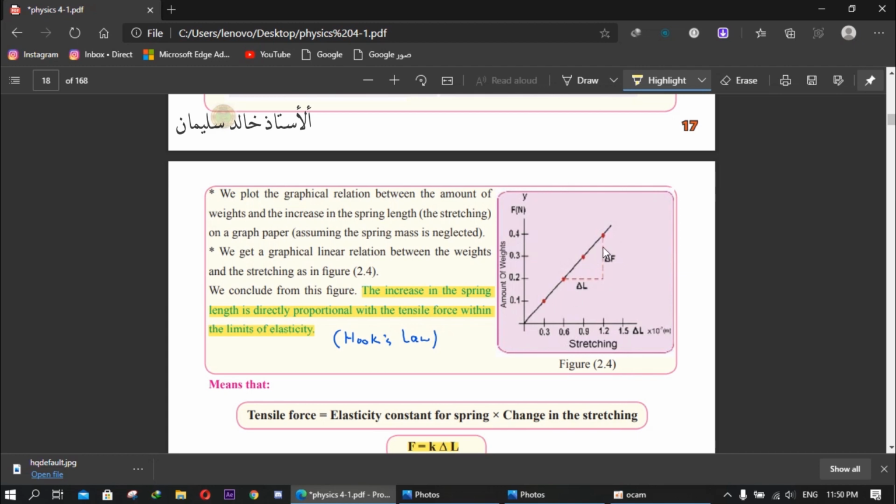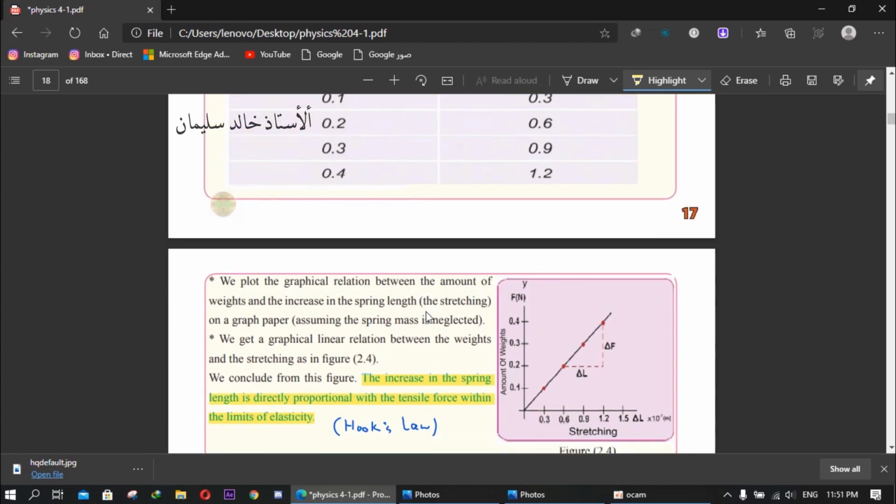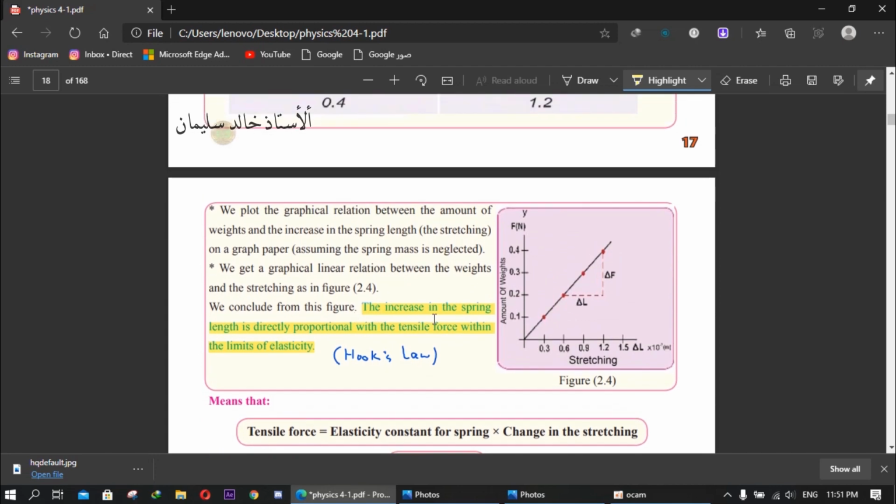If we take the slope of this line, which is delta F over delta L, we will get a lot of information. The conclusion of this activity is that the increase in the spring length is directly proportional to the tensile force within the limit of elasticity. This is Hooke's law.